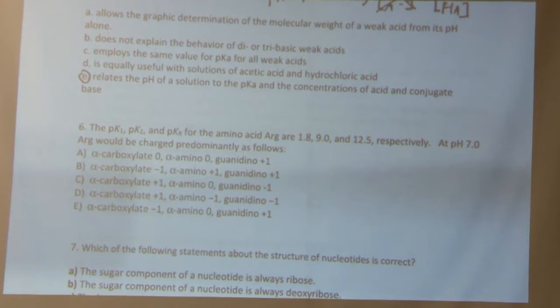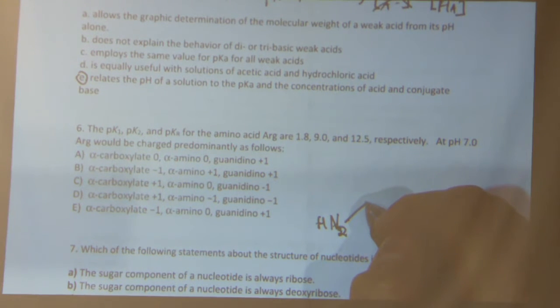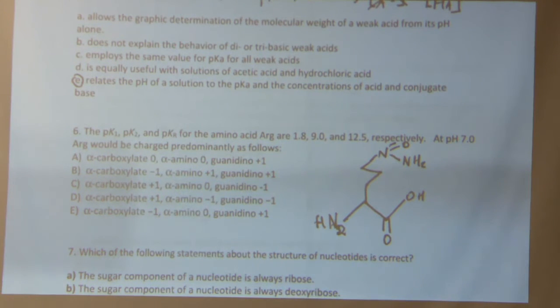Okay, so the first strategy I would use when tackling this question is to draw out what arginine looks like. Does everyone know what arginine looks like? Yes? So we have a backbone, NH3 or NH2, minus one carbon. So for our alpha carboxylate, which side is the carboxylate on?